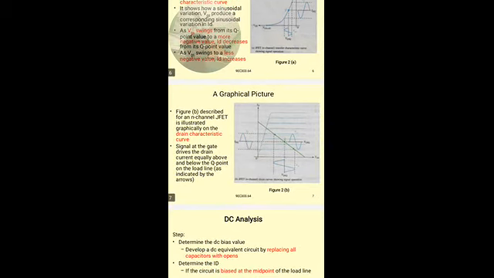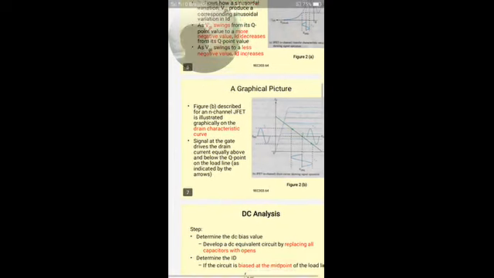So there is an inverse relationship between ID and VGS. This is the graphical representation, and the drain to source output characteristics of the JFET. The signal at the gate drives the drain current equally above and below the quiescent point on the load line.